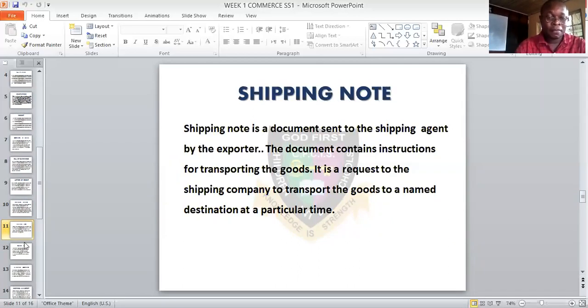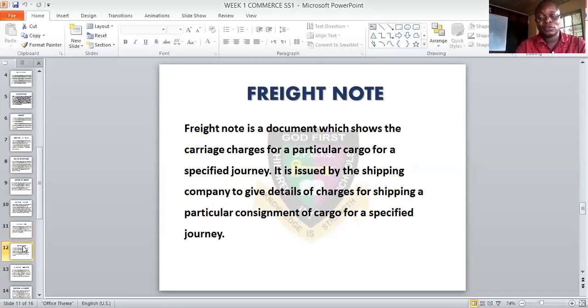So the next one is the freight note. It's one of the documents which shows the carriage charges, which is compulsory. There should be charges on each cargo for a specified journey.